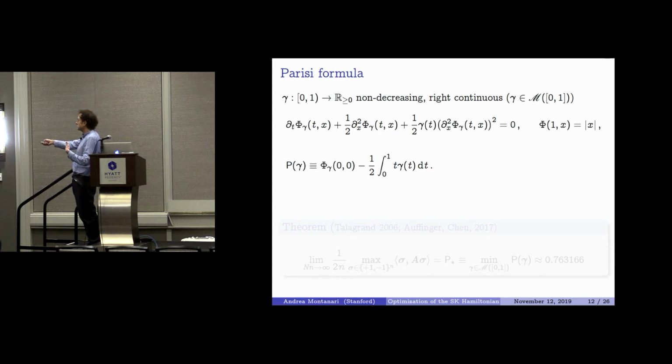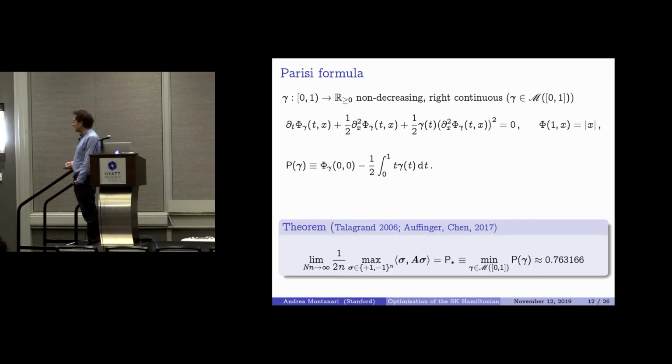You start at time equal 1 from this initial condition, and you propagate the equation backward. You obtain a solution at time equal 0. You plug it in here. This solution depends on gamma, because this coefficient depends on gamma. And now you add this linear function of gamma, and you get a functional P of gamma, which is a functional over the space of functions.